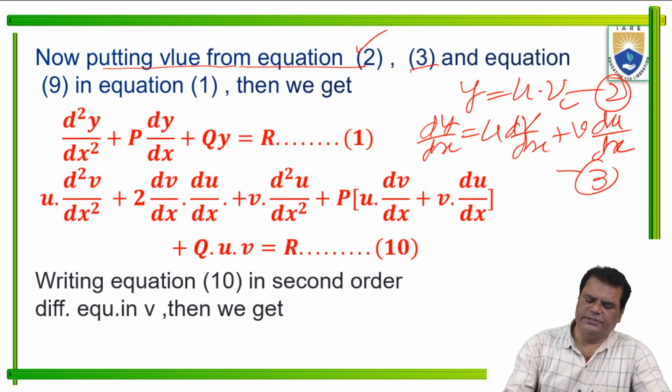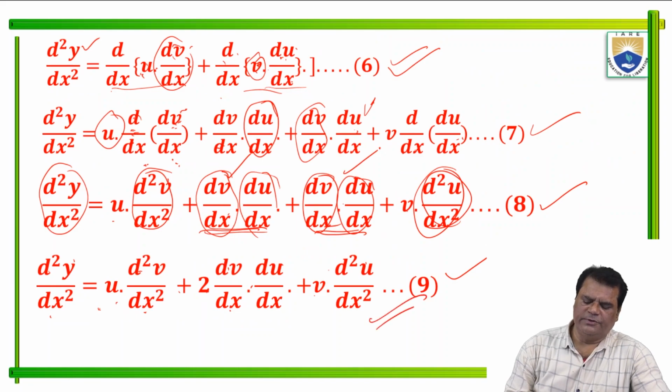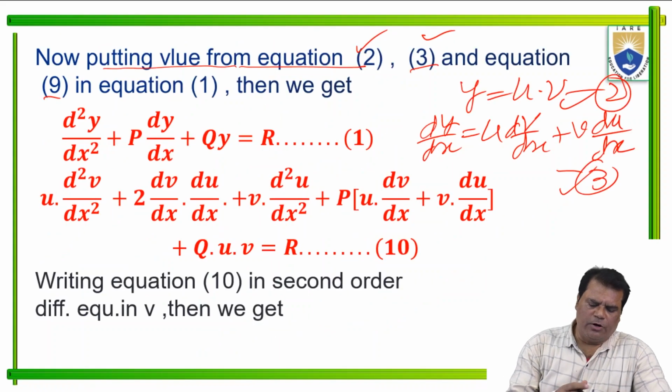From equation 2 this, from equation 3 this, and equation 9 is this last equation. So now putting values from equation 2, equation 3 and equation 9 in equation 1.